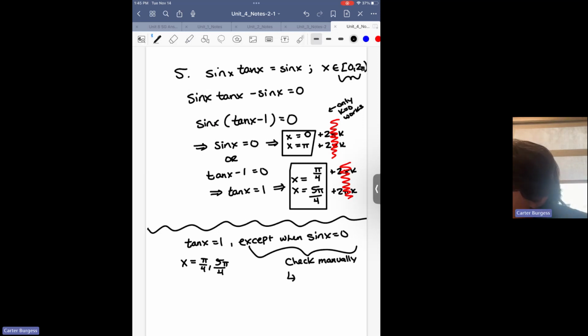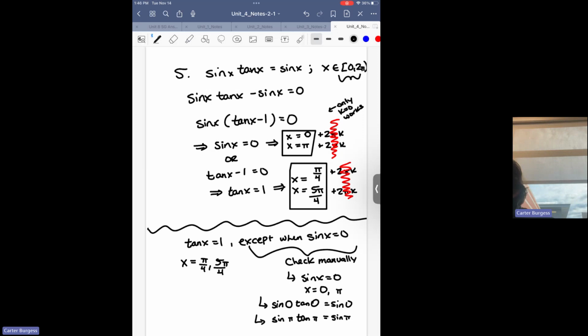So checking the zeros of sine manually, sine of x equals 0. That's going to give us 2 zeros to check, 0 and pi. And we're just going to plug those in and see if, in fact, they are solutions to our equation. So when we plug in 0, we get sine of 0 times tangent of 0 is equal to sine of 0. And when we plug in pi, we get sine of pi times tangent of pi is equal to sine of pi.